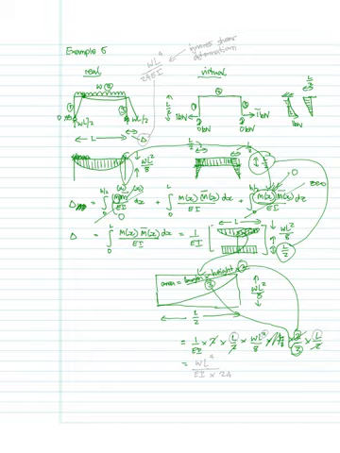And we are going to get WL to the 4th, because we've got 1 L there, 2 L's there, and another L there, divided by EI, multiplied by 8 times 3, which is 24.